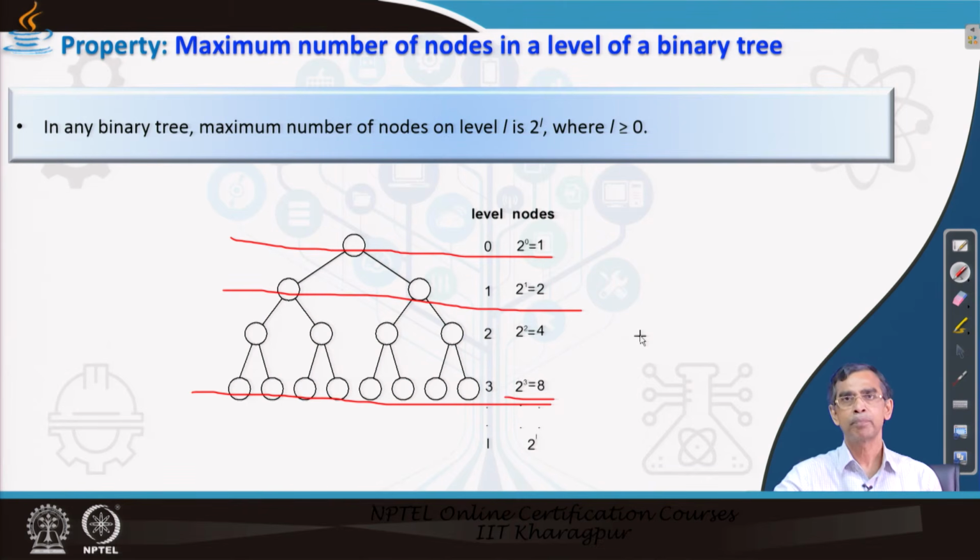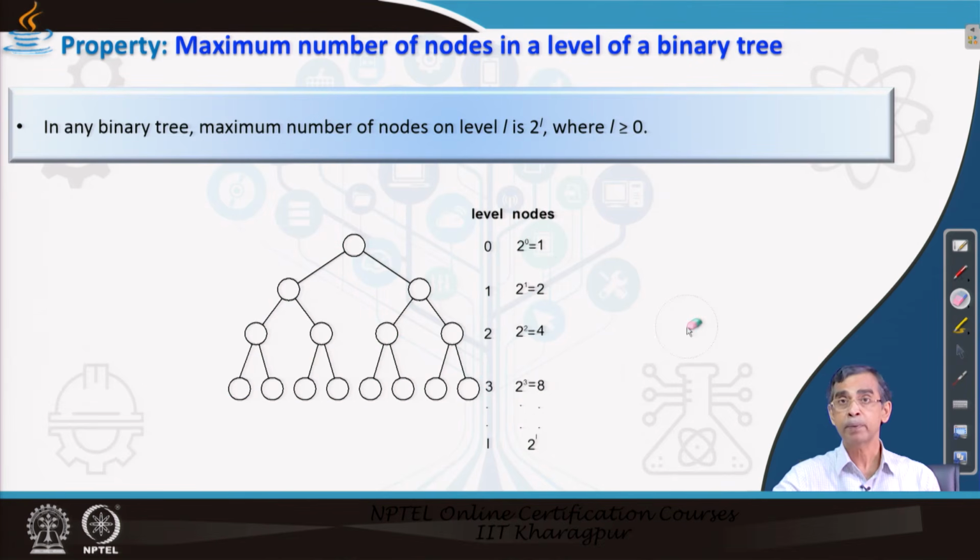For a full binary tree, it is the sum of all the nodes in each level. That is a separate issue, but this property is very useful to count the total number of nodes in a particular binary tree. So, this is the first property.